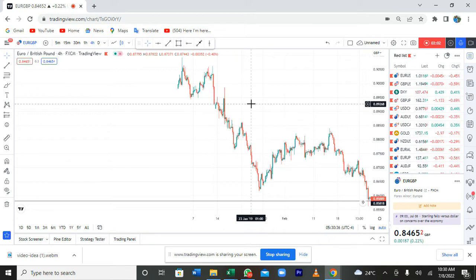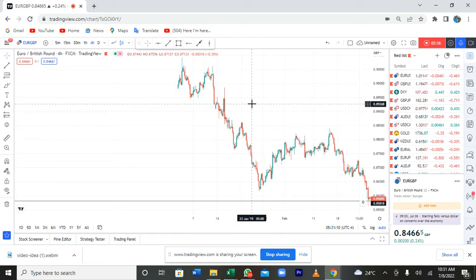So to identify a good demand and supply zone, we have three key terms that we're going to use. That's the R, B, D. When we talk about the R, the R stands for rally, and a rally is a sharp buy.